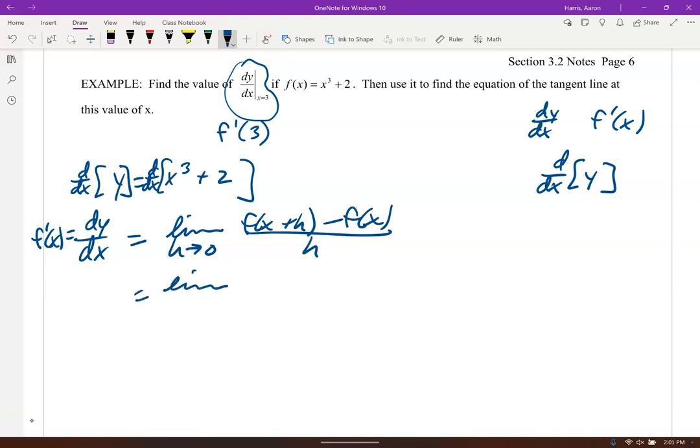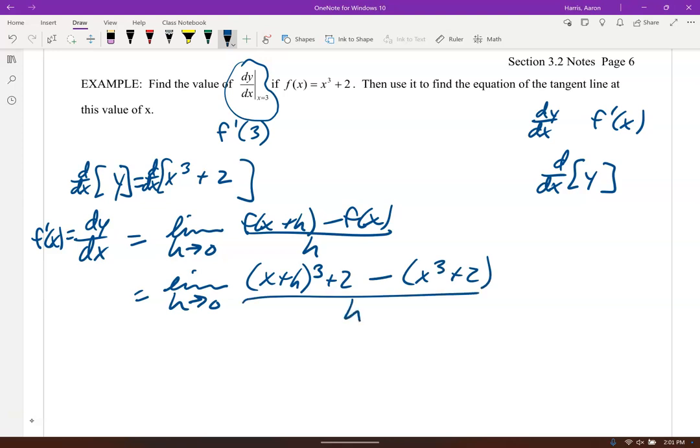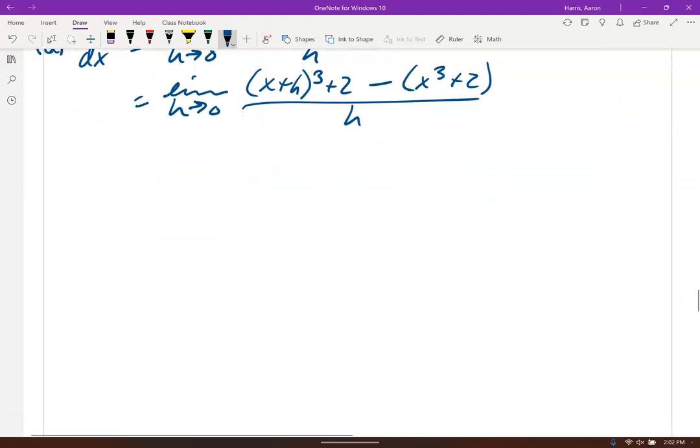So as h goes to 0, we have x plus h cubed plus 2 minus the original function, x cubed plus 2, all over h. So dy dx, the derivative, f prime of x, same thing: x plus h, x plus h, x plus h.